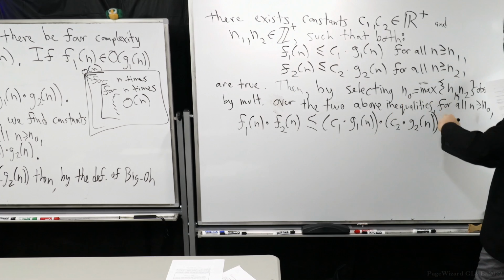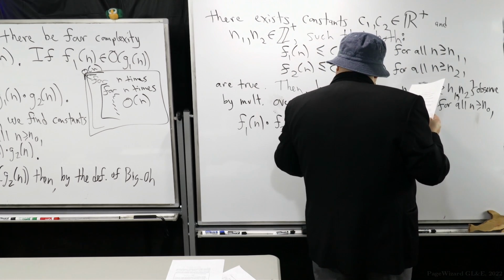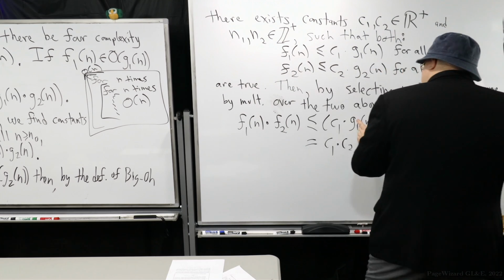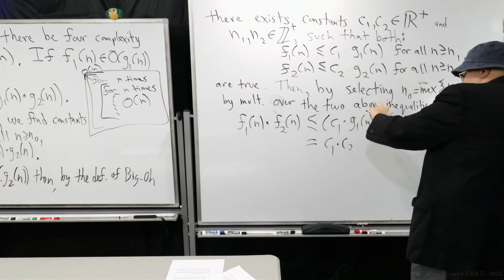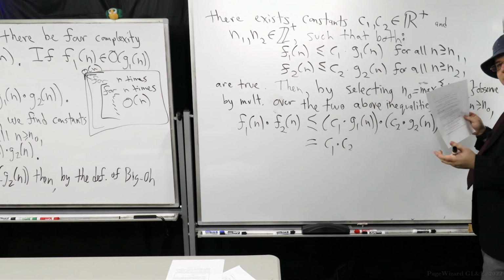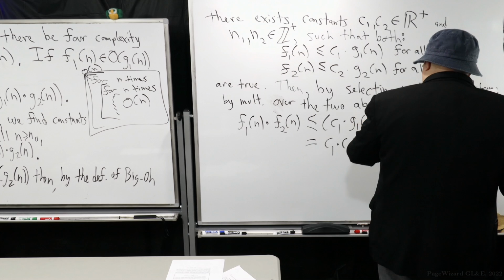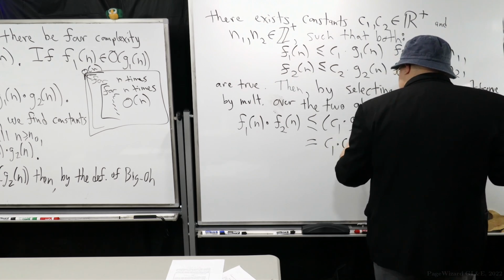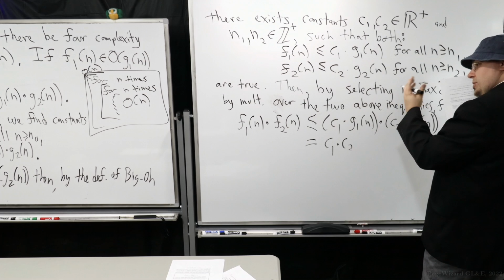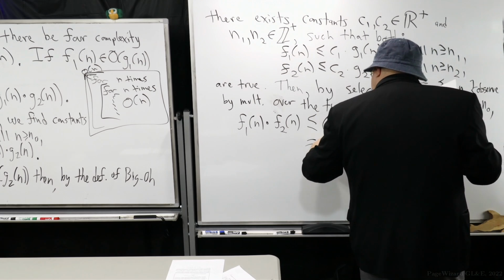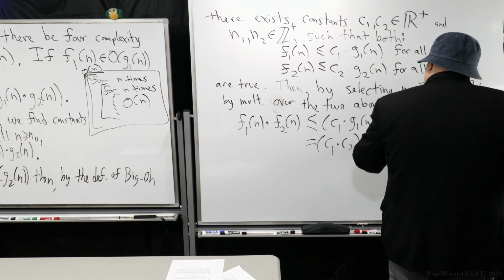If you rearrange this, you'll see I can always permute products like this, because they're just numbers at the end of the day. The order does not matter. I can just commute them. I'm going to pull C1 and C2 out front like this. Then I have G1 times G2.